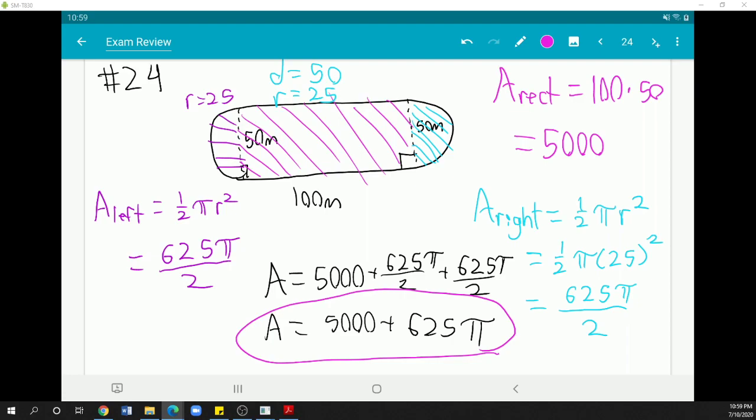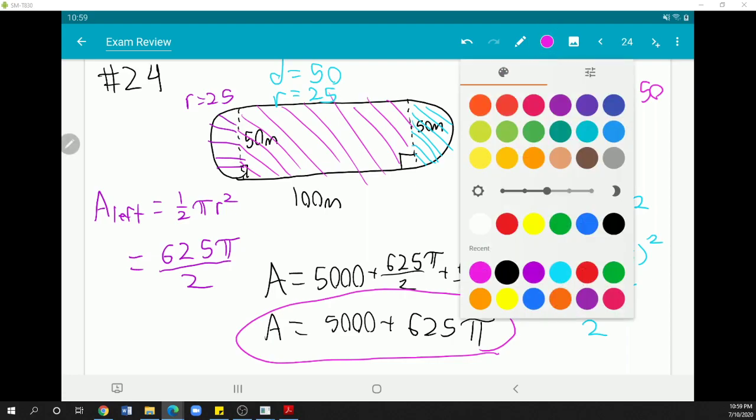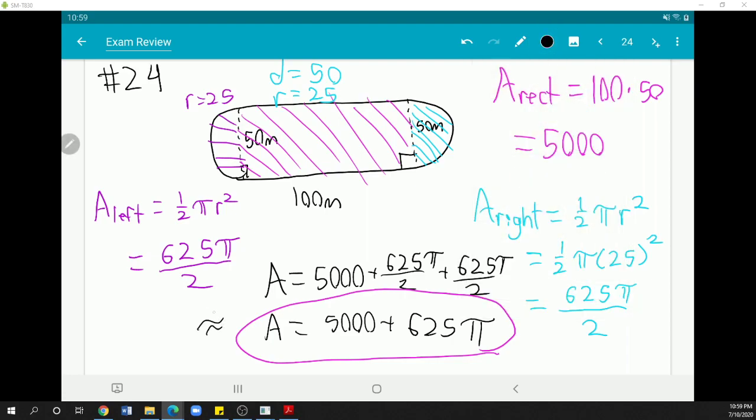And you would get 62.5. And then I want to make sure that I'm keeping track of my units. So I'm going to have meters squared. And that's what we have for that. Probably best to put parentheses around this.